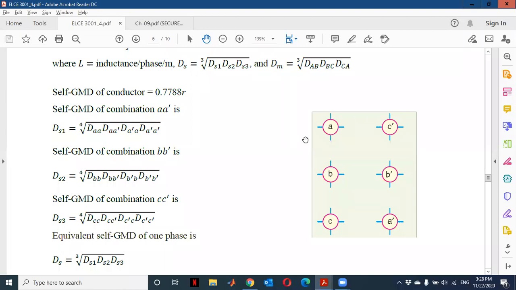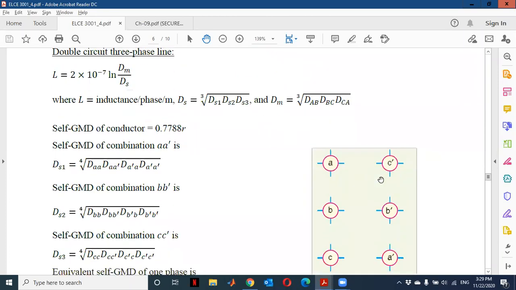Here, the inductance or the current flowing through conductor A will affect conductor C, conductor B, conductor B dash, and so on, so we will have different inductance. In these types of circuits, we have to use the GMD approach because GMD makes it easier to calculate the value of inductance.